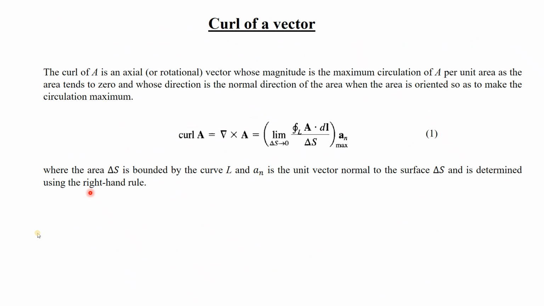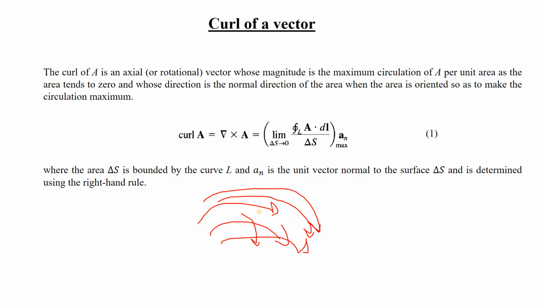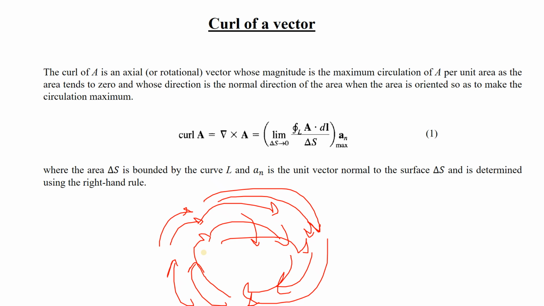That means, suppose there is a vector like this, it is rotating or circulating. Suppose it is circulating this way, in the clockwise direction.